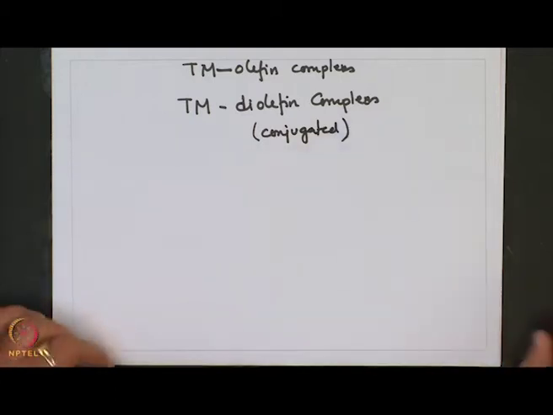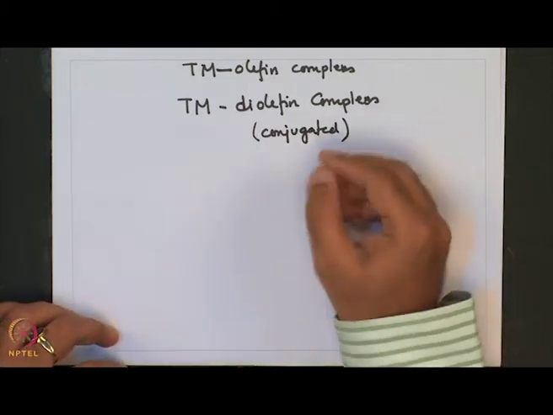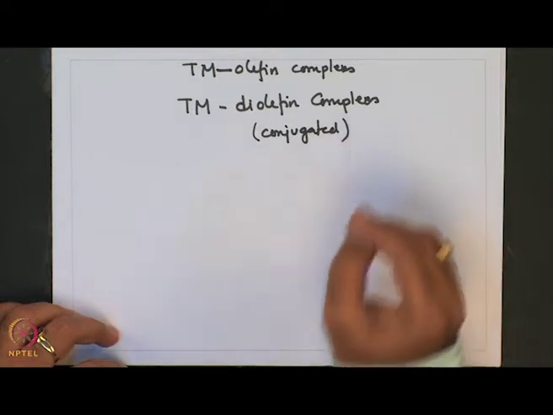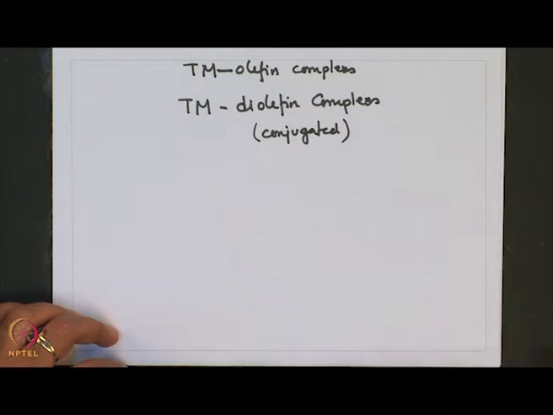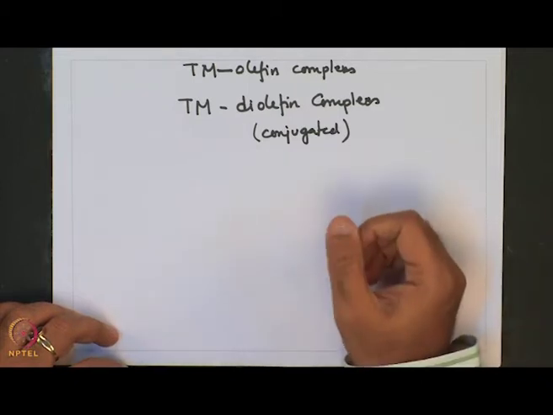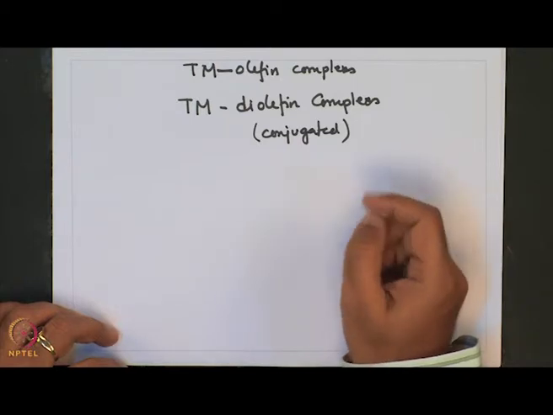In terms of the diolefin being conjugated, they have delocalized molecular orbitals, which results in lengthening or shortening of certain CC bonds of the diolefin moiety.